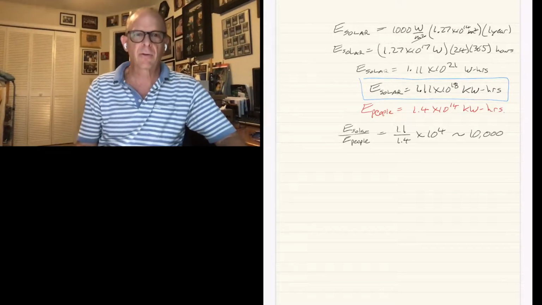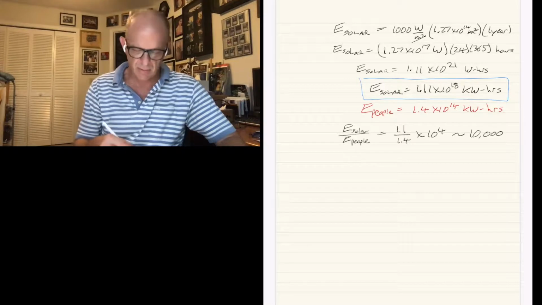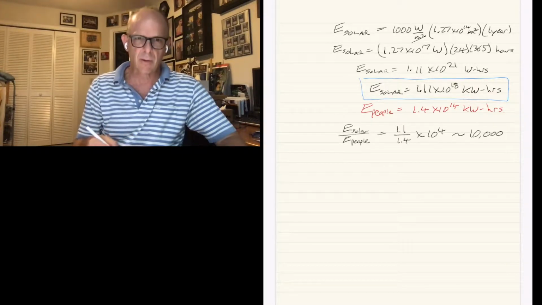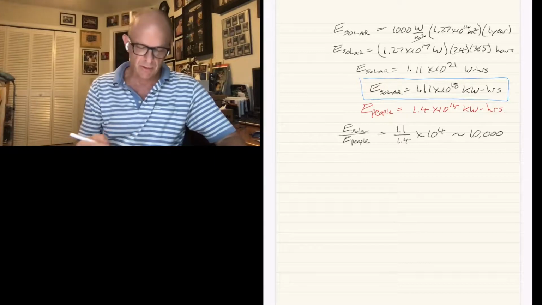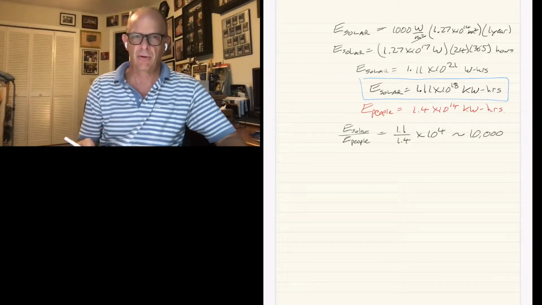In other words, the flow of solar energy hitting the surface of the Earth, if I had not done that correction for the Earth's atmosphere, this 1.1 probably would have been a little bit bigger, so a little bit less. Ballpark, 10,000 times greater than all energy used by all people in every form.